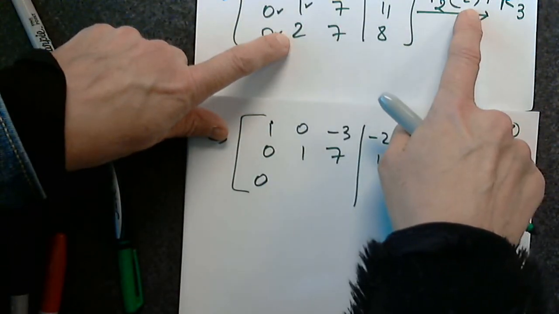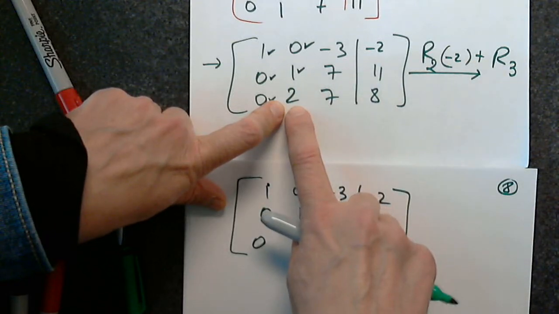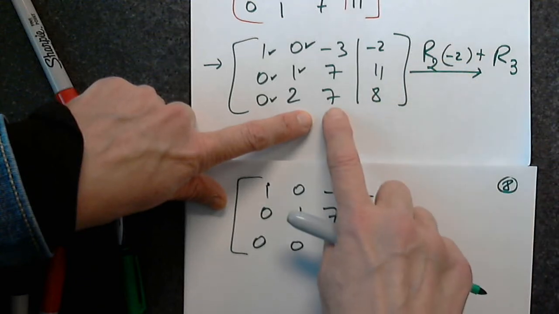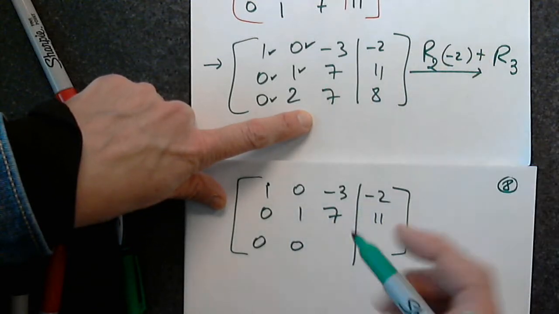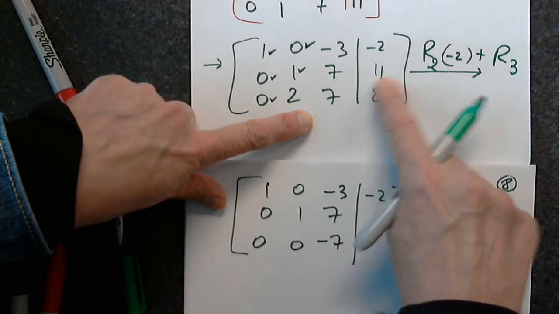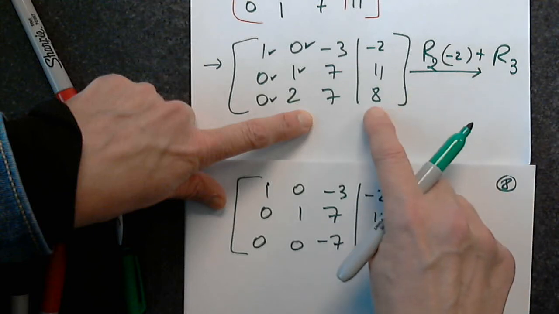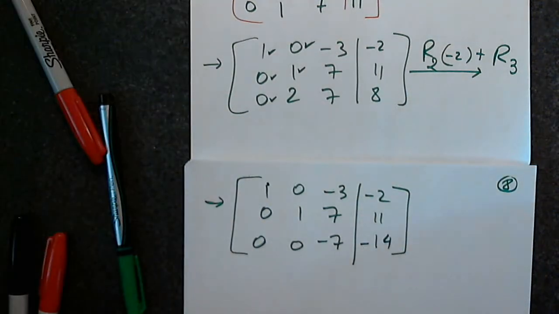1 times -2 plus 2. 7 times -2 plus 7. Yes. 11 times -2, -22, plus 8. Perfect.